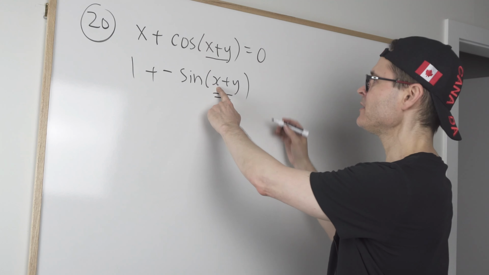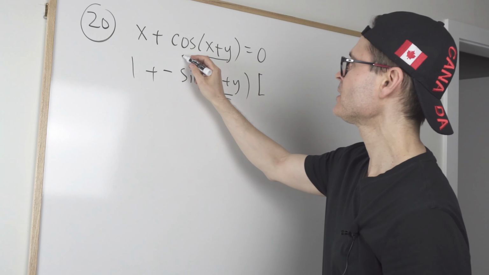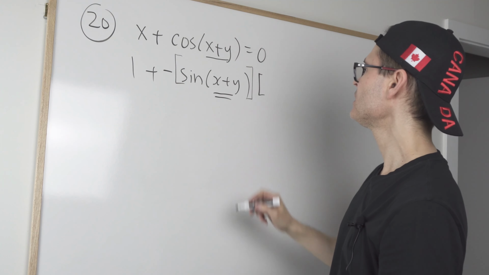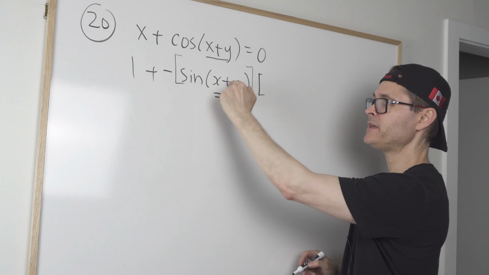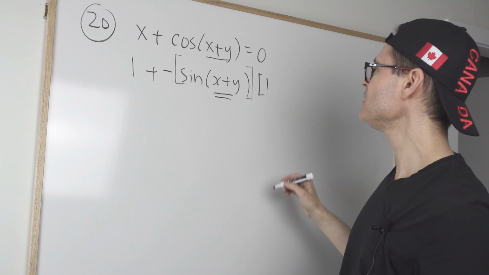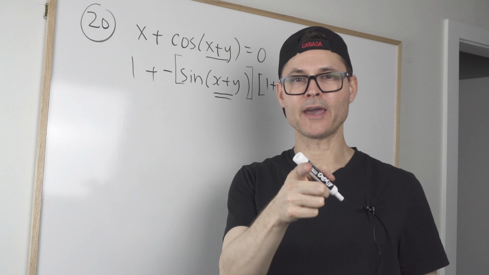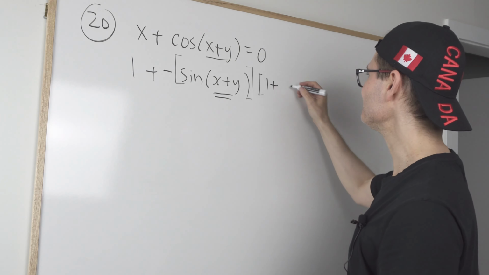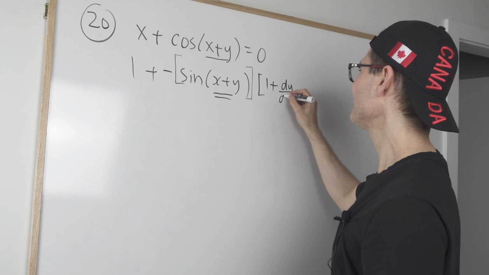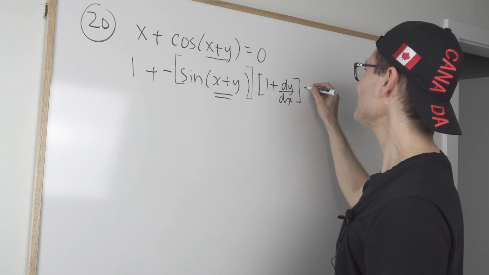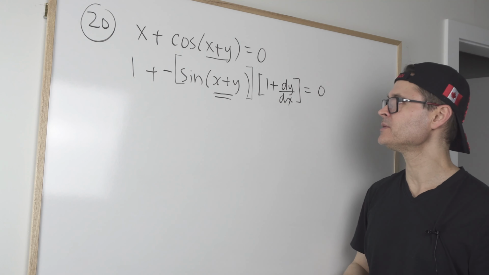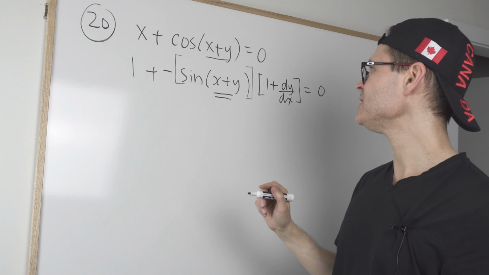So I'm going to take the derivative, that's going to be multiplied here. So I've got this multiplied by the derivative of the inside. The derivative of x is 1. And what's the derivative of y? dy dx. Good, good. So dy dx close equals, well, the derivative of 0 is 0. I have to isolate dy dx.